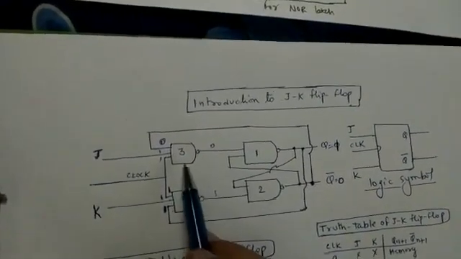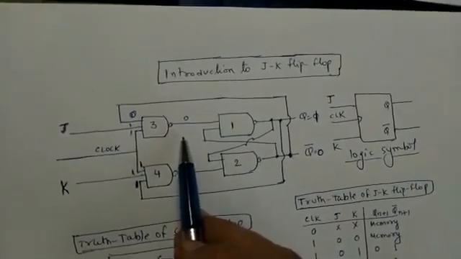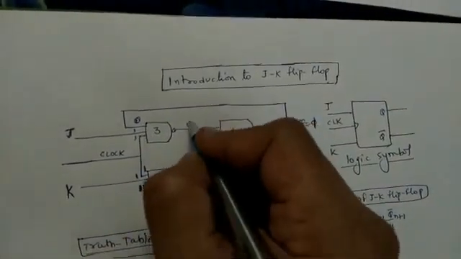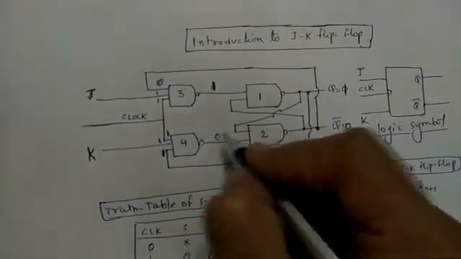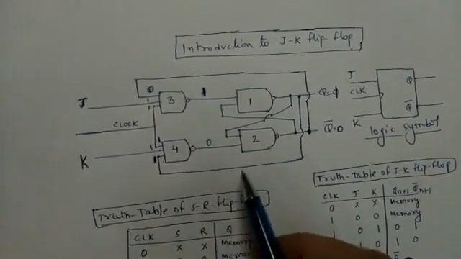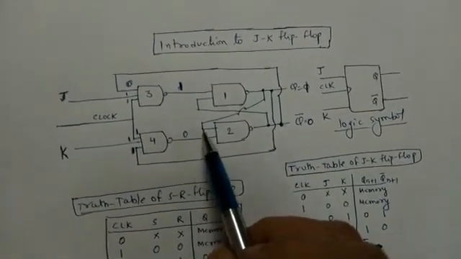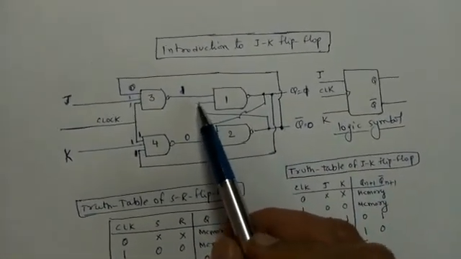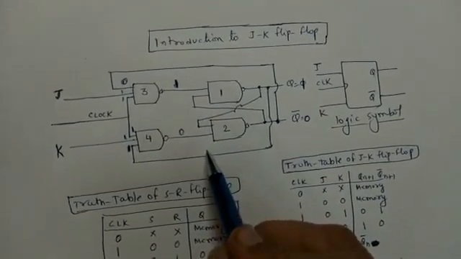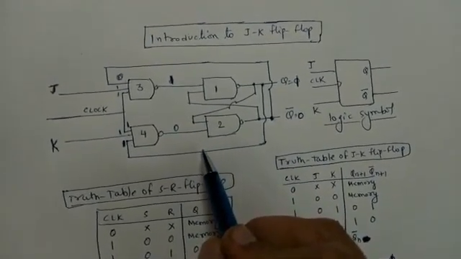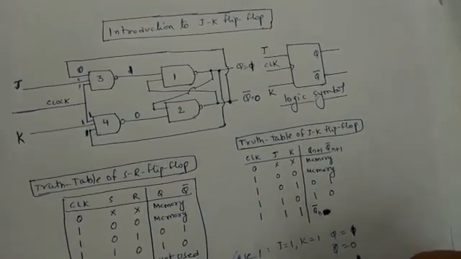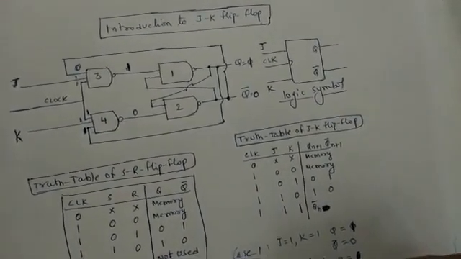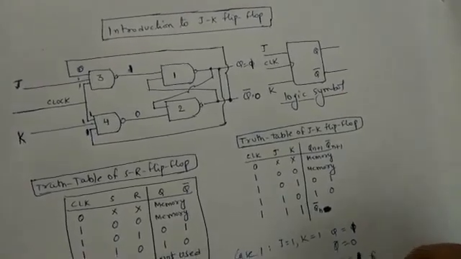So here we are getting 1 and 0. The NAND latch, when the inputs are 1 0, produces outputs 0 and 1.